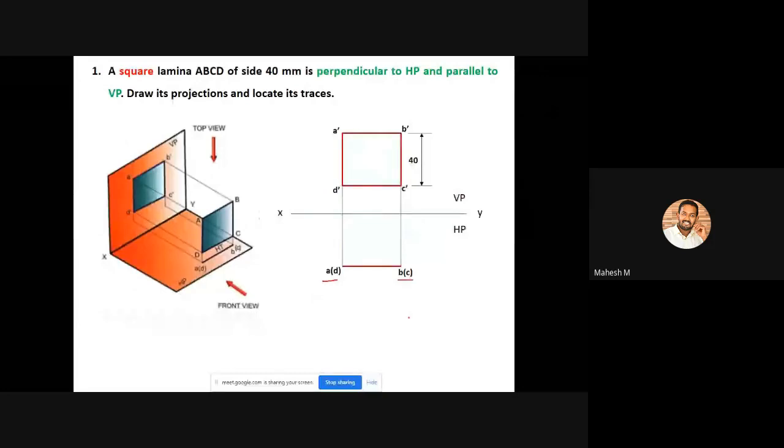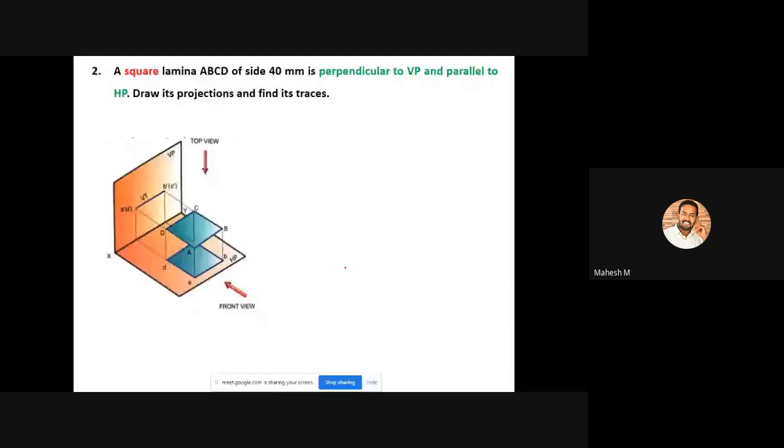So that's all about this diagram, and also with that you have to mark the traces. Since it is parallel to VP, you will not be having a vertical trace, so you don't have to consider the vertical trace. You have to mark only the horizontal trace. Because it is perpendicular to HP, for marking the horizontal trace you can directly write HT in the top view.